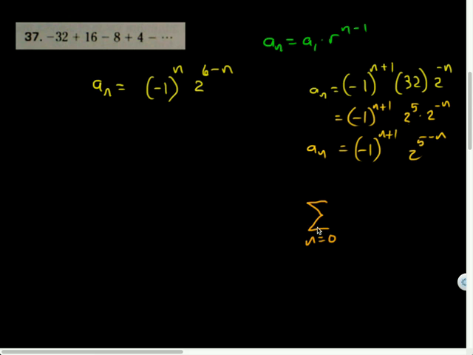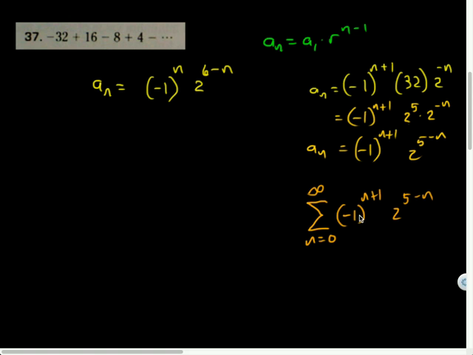Yeah, interesting. To infinity, because it's going on forever, of negative 1 to the n plus 1 times 2 to the 5 minus n. Now, if n is 0, 5 minus 0 is 5, 2 to the 5th would be 32, and it would be negative. Yep, okay, so that works out.